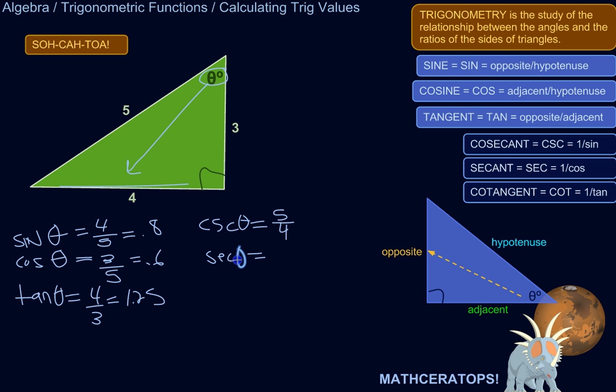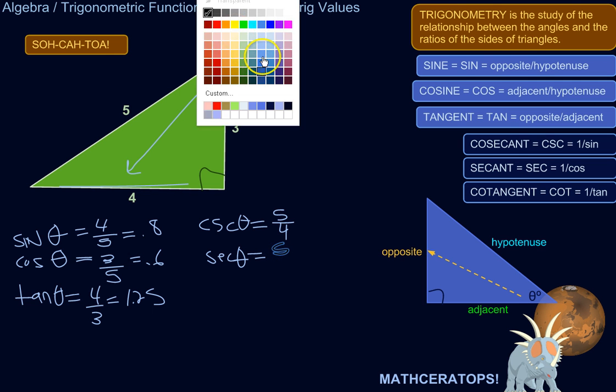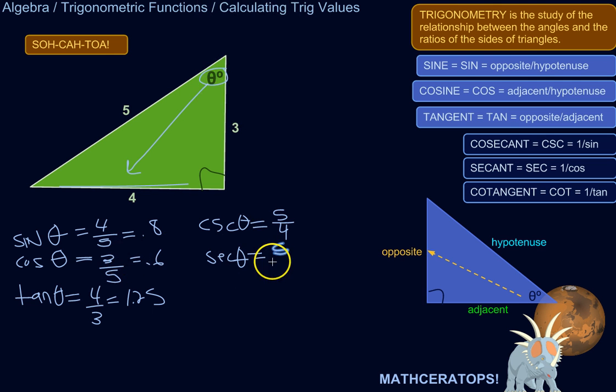The secant of theta would be 5 thirds, which is the reciprocal of 3/5. And then the cotangent of theta would be 3/4.